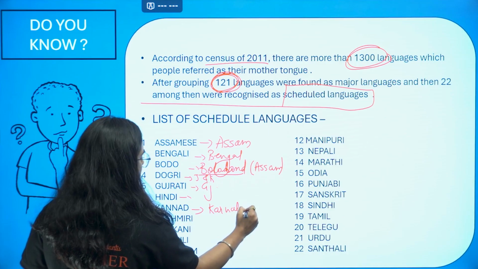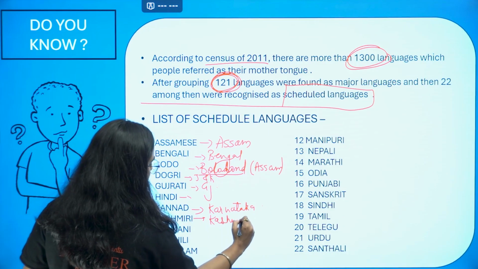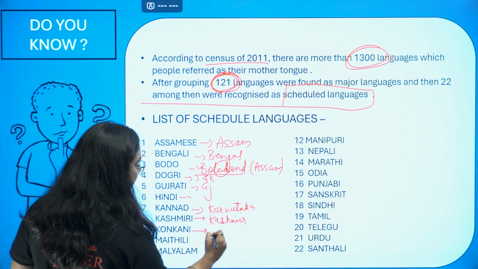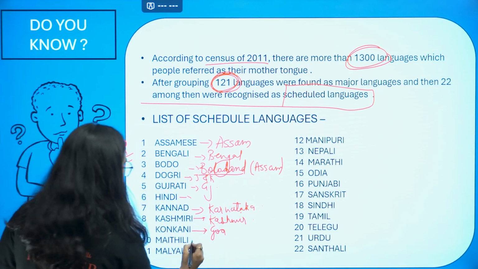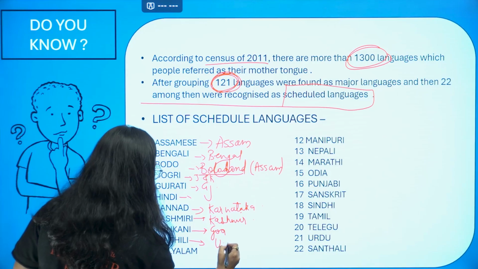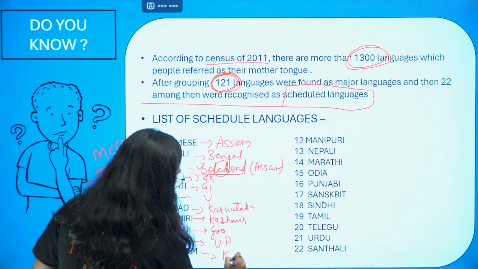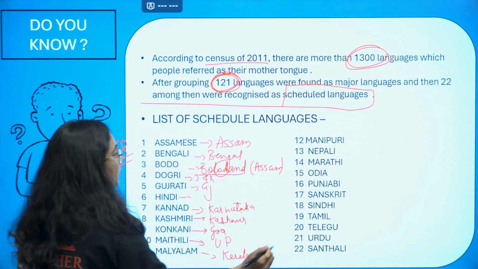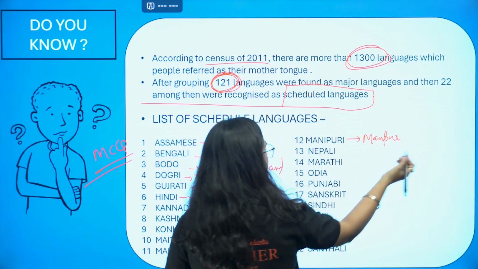Karnataka here, Kannada. Kashmiri, we know that this is in Kashmir. Konkani, in the western belt of Goa. Maithili is in UP, Bihar, basically. Malayalam is in Kerala. Manipuri language, again it is Manipur, a very easy thing which I am going to tell you.